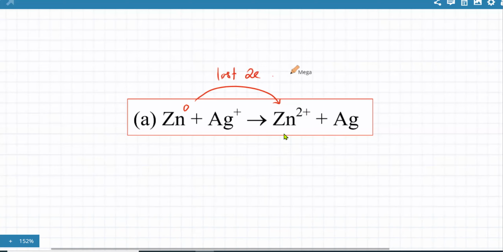And what's happening to silver? Its charge is decreasing. It was originally plus 1 and it's going to 0. So that means it reduces. Reduction is happening and it gains exactly 1 electron. So that's what's happening over here.